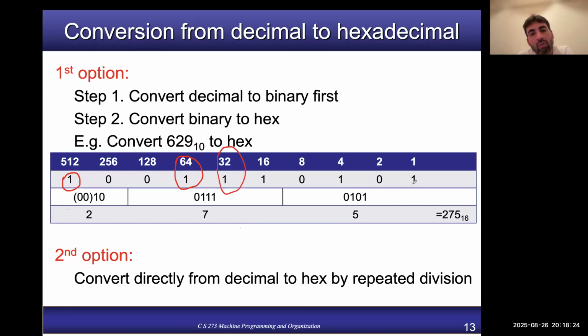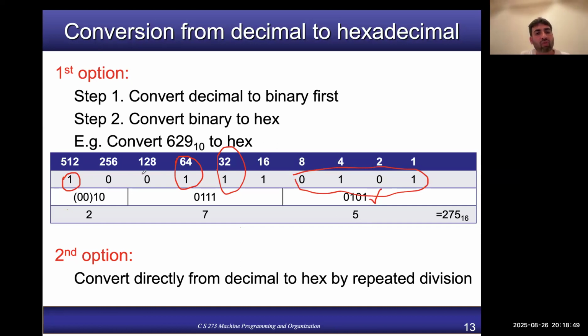And once I have converted into binary, I will group the binary digits, which are also known as bits, in groups of 4. So I write these 4 bits together as 0101, and then convert them into the equivalent hexadecimal, which is 5.